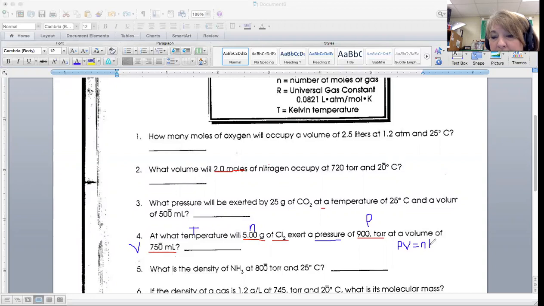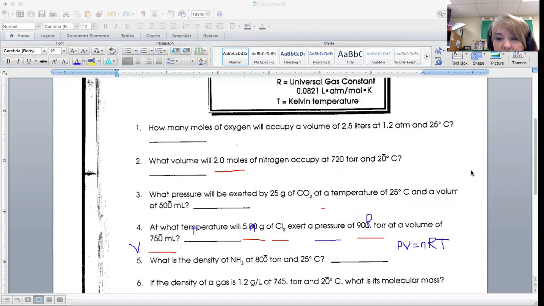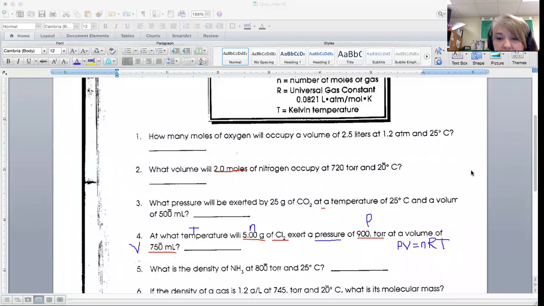But before we plug anything in, we need to see, do we need to convert anything into the unit that is required for PIVNERT? So let's look at our pressure. Notice our pressure is at 900 torr. Well, our pressure has to be in atm according to this right here, right? So we cannot just automatically plug in 900 torr.